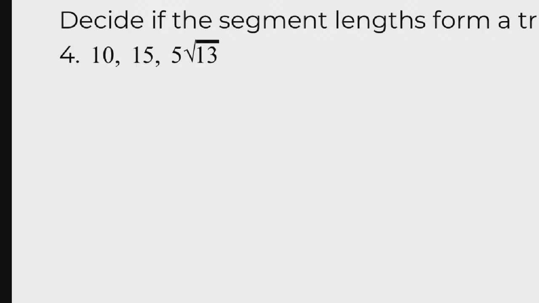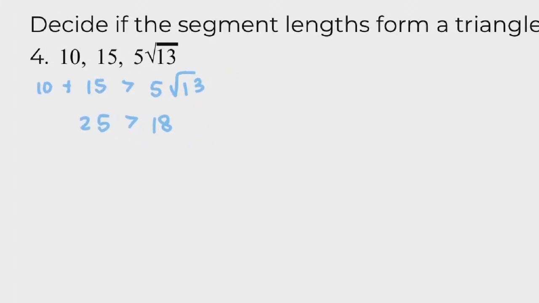If you add up the 2 smaller sides, those should be bigger than the longest side. So 10 plus 15 is 25, and 5 rad 13 is about 18. So yes, it works. And we don't really have to check the other 2. So that means this is a triangle, and then we have to see what kind of triangle it is.